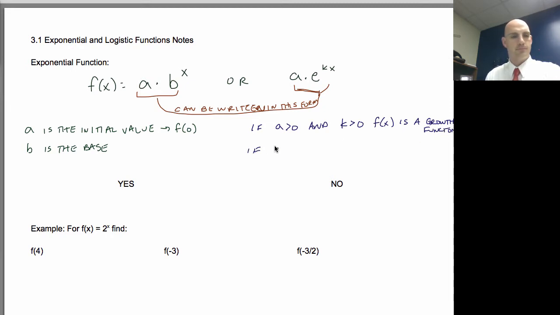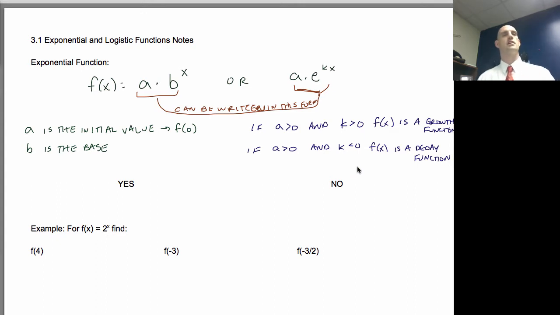If a is greater than 0 and k is less than 0, f of x is a decay function. Okay, so growth versus decay. This is what we're looking at in this chapter: is it exponential growth or is it exponential decay?